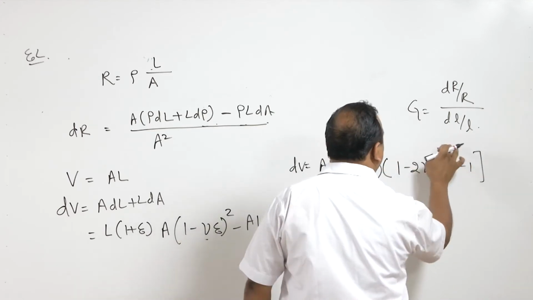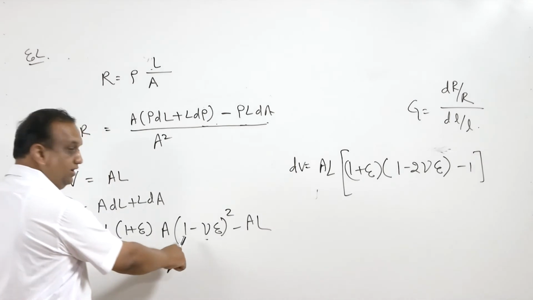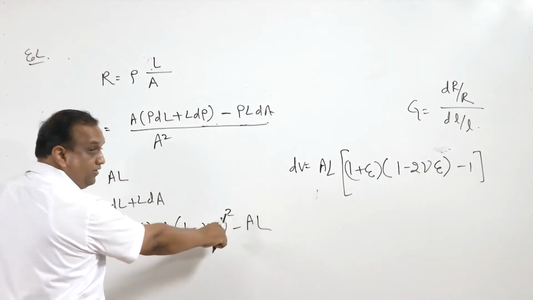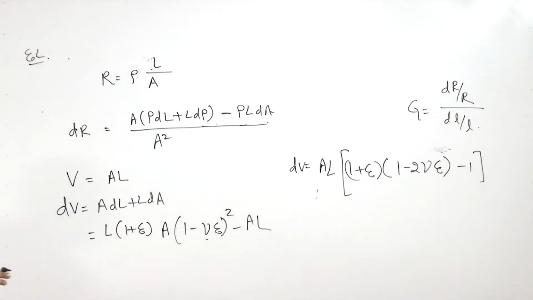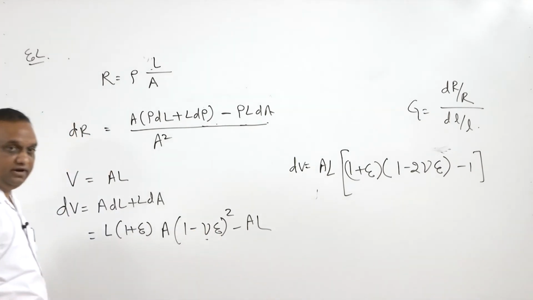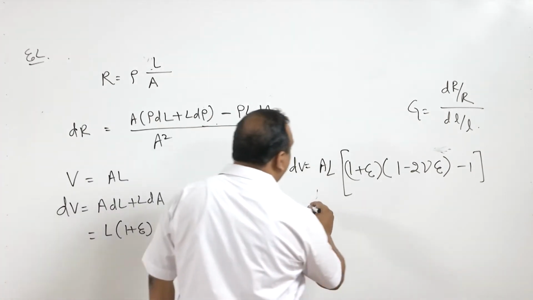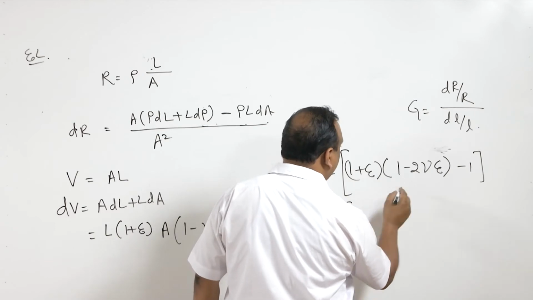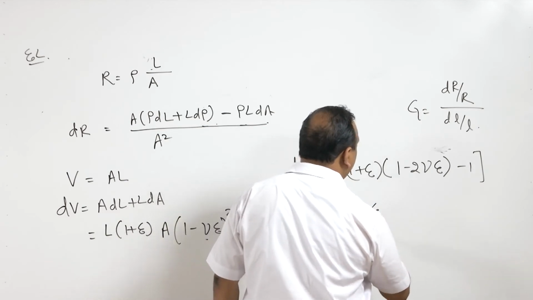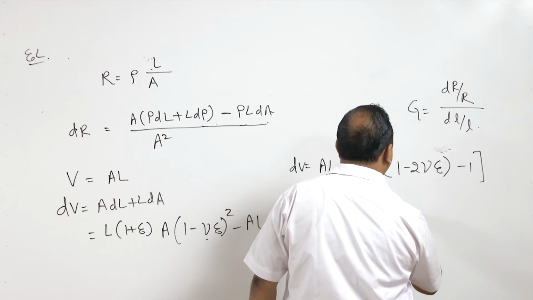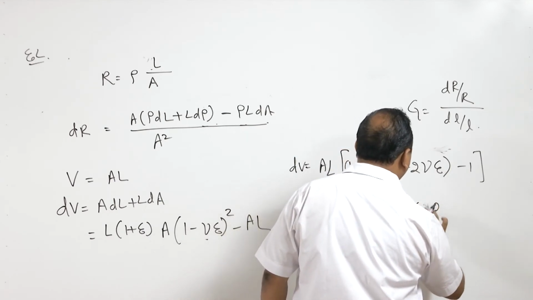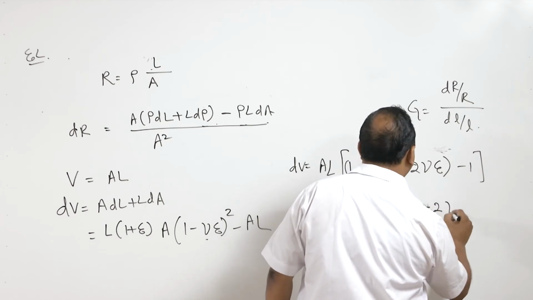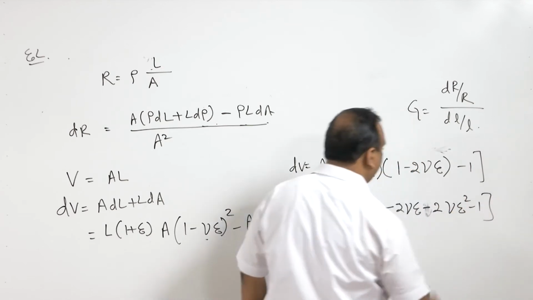For (1 plus x) to power n is 1 plus nx, because higher order terms we are neglecting, as their contribution in the final expression is insignificant. Now, we can take the product of this: AL (1 plus epsilon minus 2 nu epsilon minus 2 nu epsilon square minus 1).